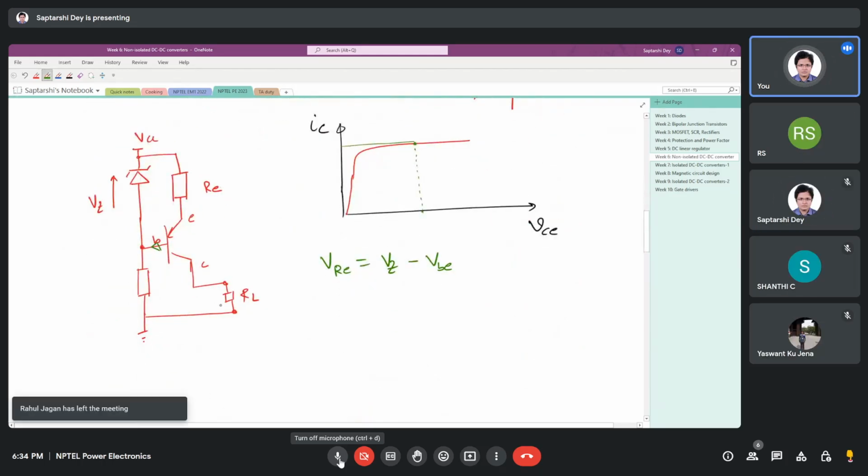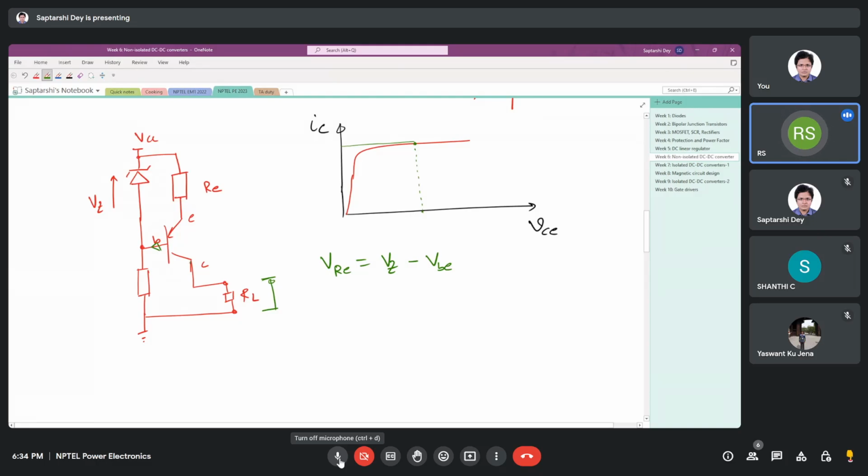So suppose I am increasing RL, I increased it to some extent. What is happening? This voltage increases. If this voltage increases, then the voltage VCE will decrease.